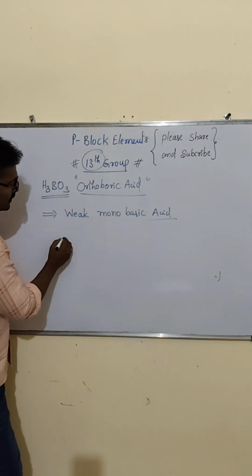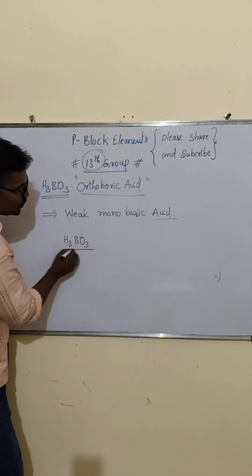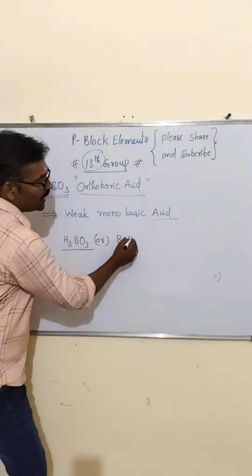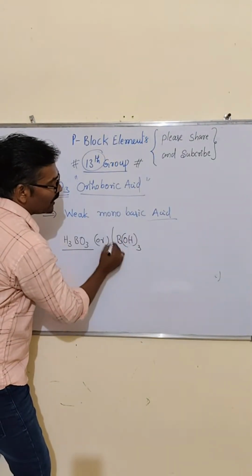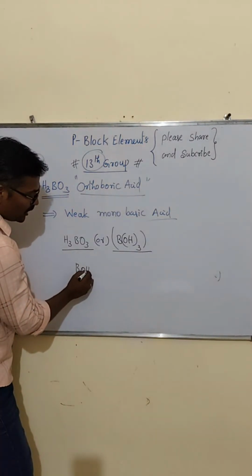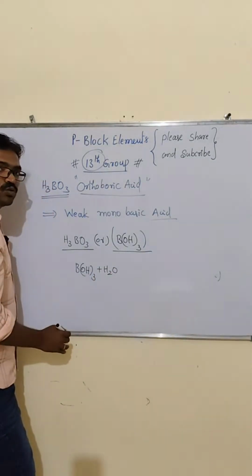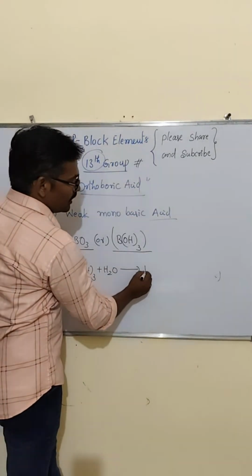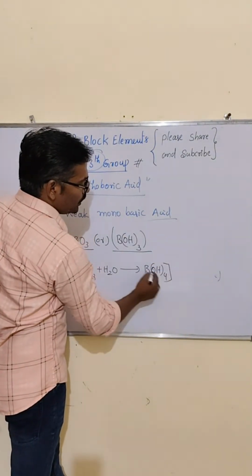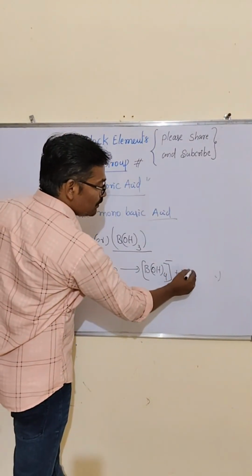Actually, H3BO3 we can also write as B(OH)3. When it is treated with H2O, it forms B(OH)4 minus, and H plus is released.